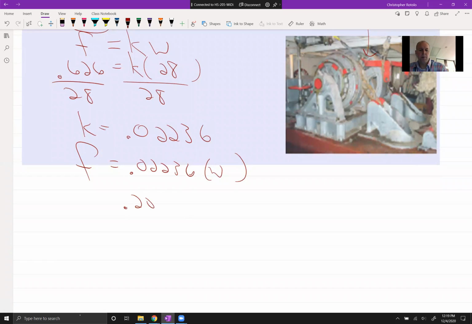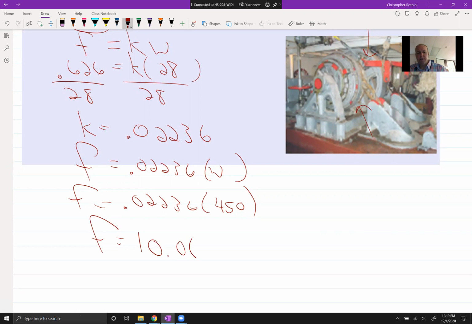Here we go: 0.02236 times 450. How much force is needed with this piece of equipment? You have to have about 10.06 pounds of force.